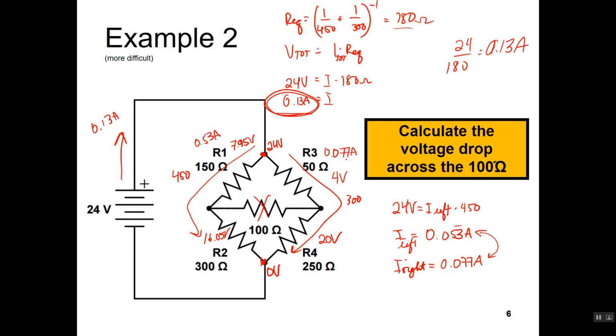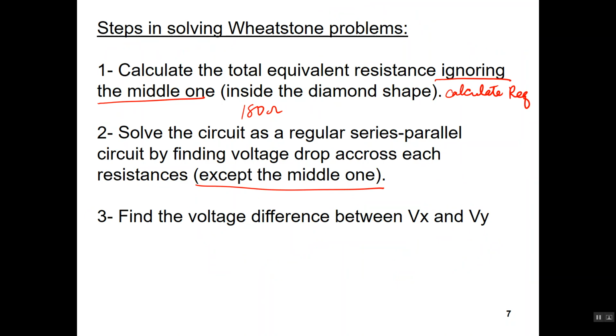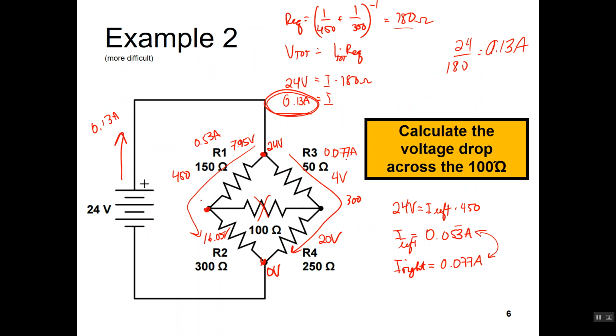All right, so we've done step 2. Step 2 was solve the circuit, finding the voltage drop across each resistance. We just did that. And now we need to figure out what the voltage drop is between those 2 points that I have here. So I'm going to call this point A and point B. And so what's the voltage at point A?